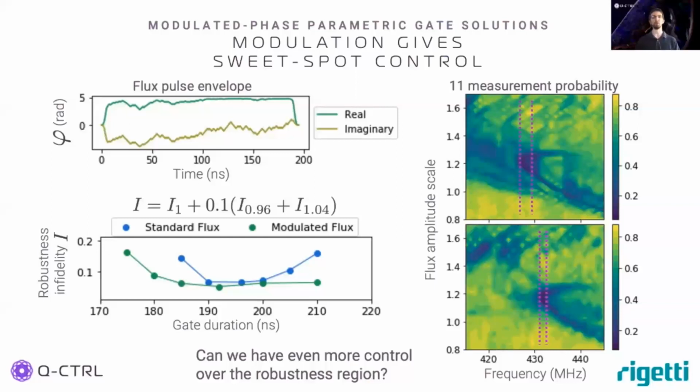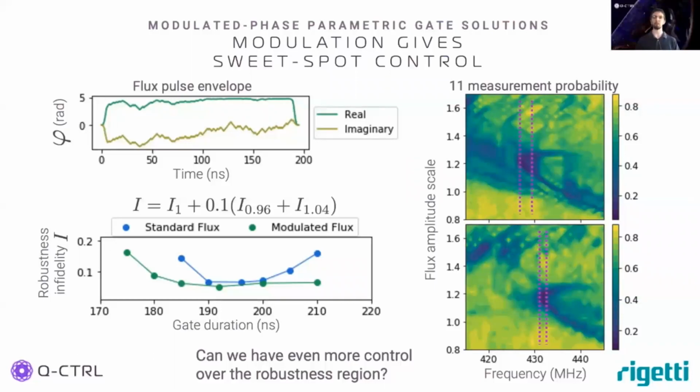We introduce here a robustness infidelity measure to assess the robustness of the optimized gate. The infidelity of the optimized pulse is added to the infidelities obtained by increasing and decreasing the pulse amplitude by 4%. Using this robust infidelity measure as a target amounts to a simple grid-based optimization for flux amplitude robustness.